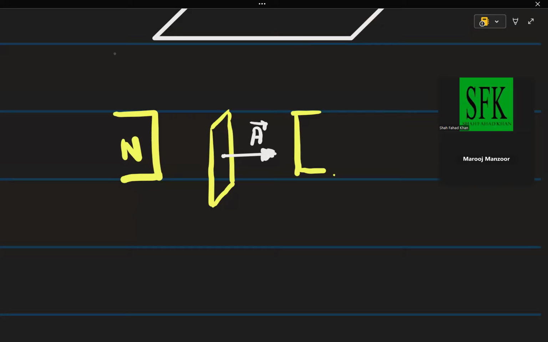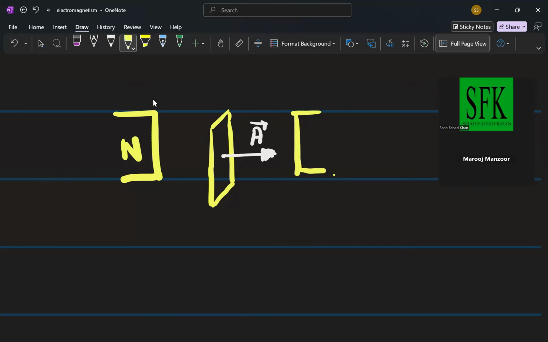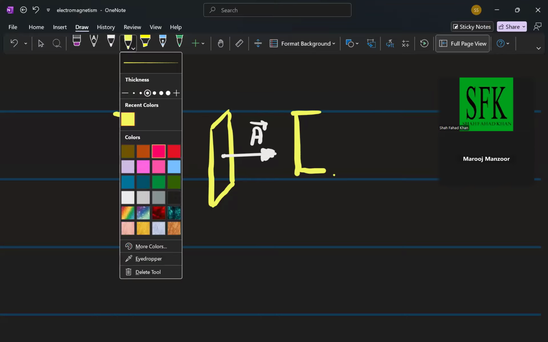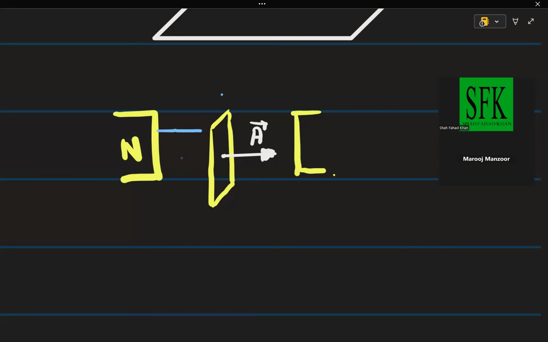Now, magnetic field lines are always directed from the north pole to the south pole. From the north pole to the south pole. So from north to south. These are the magnetic field lines.